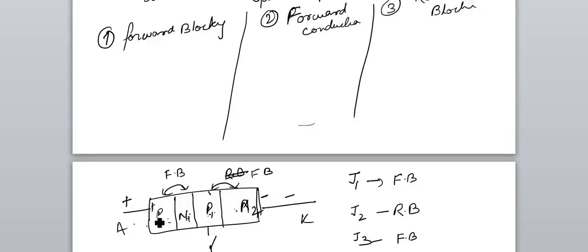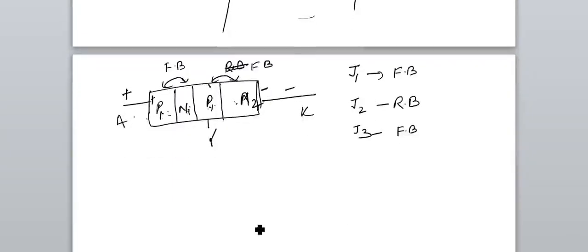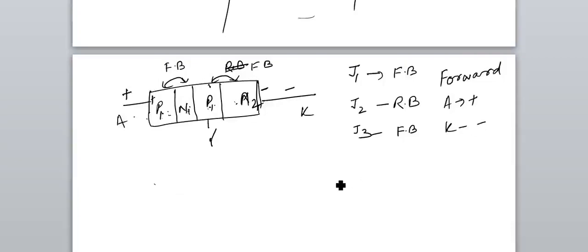Whenever you talk about forward, whether it is the blocking state or the conduction state, forward means anode positive, cathode negative.